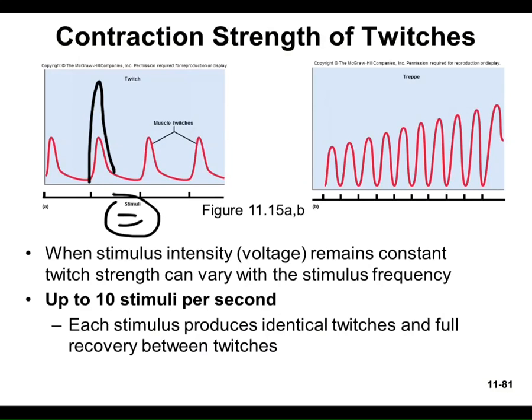There's enough time for each stimulus to be produced and for a full recovery between the twitches. So your muscles can respond 10 times a second. Twitch and recover, twitch and recover, twitch and recover. It doesn't seem possible, but that's what the numbers are. You can have 10 stimuli per second and still get back to baseline.